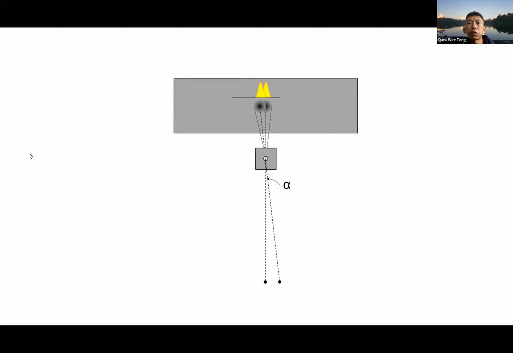Now if you bring the two sources nearer to each other, what will happen? You see that these two sources will start to smudge together. The reason behind it is that the two diffraction envelopes belonging to the two sources will start to overlap too much already.